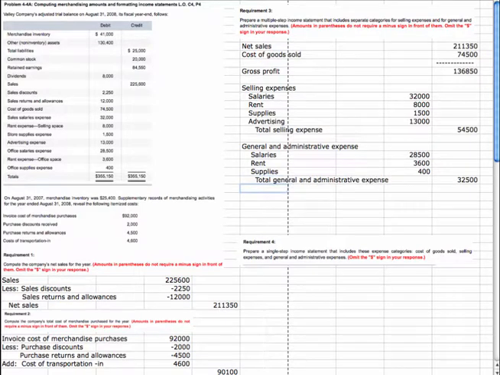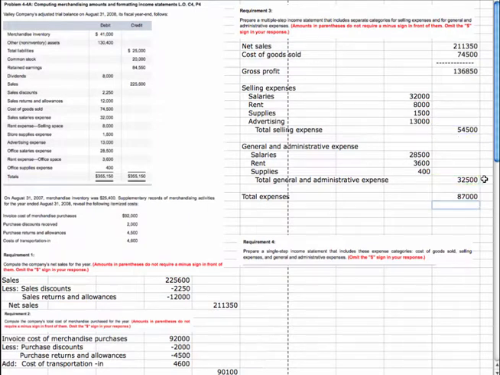Now I can add up my two numbers here. So I'm going to say total expenses. I'm going to take the $54,500 plus the $32,500.